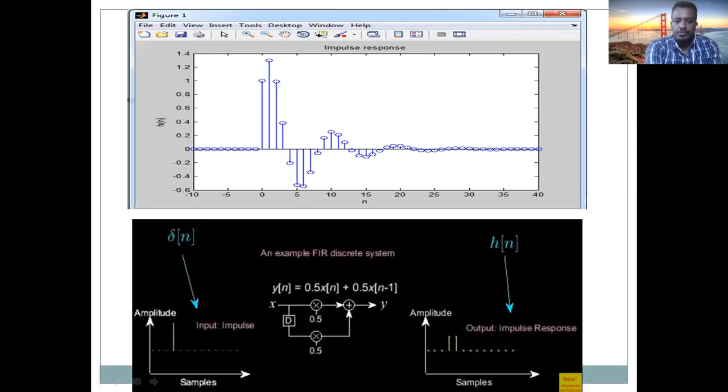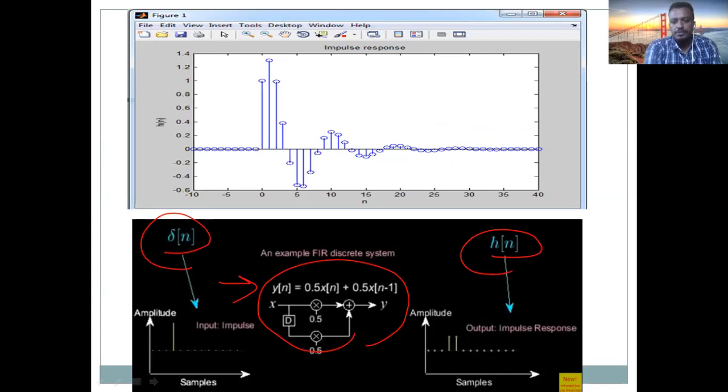Now, if you have a system like this and you apply the unit impulse sequence delta n as input, what will be the output? The output is called the impulse response h of n. That's why it's called impulse response. So how to find h of n?